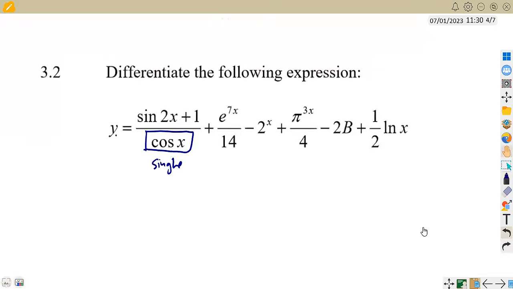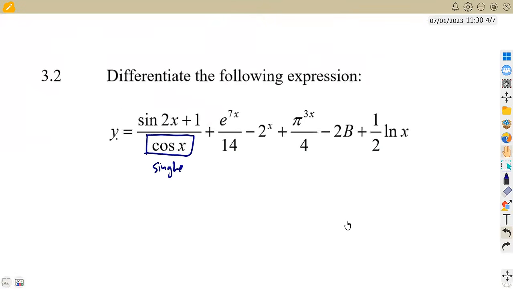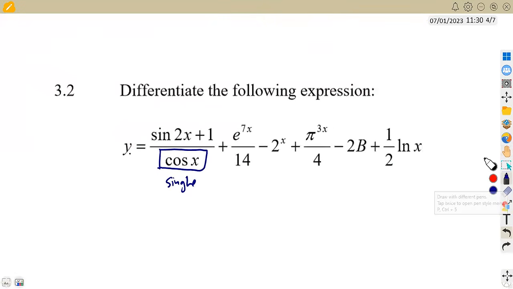When you are given a single term like this in the denominator, what you do is think of separating your fraction into 2 terms or 3 terms or whatever terms you can get from this concept: A plus B over C is the same as A over C plus B over C. If you are given a single term in the denominator, you can separate that way.